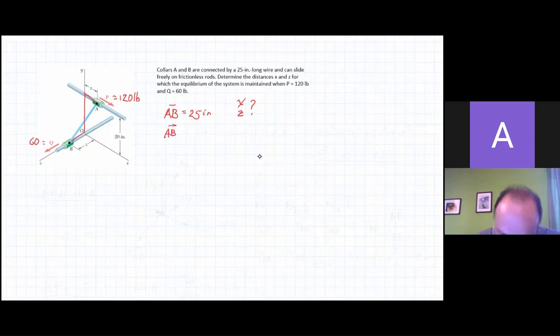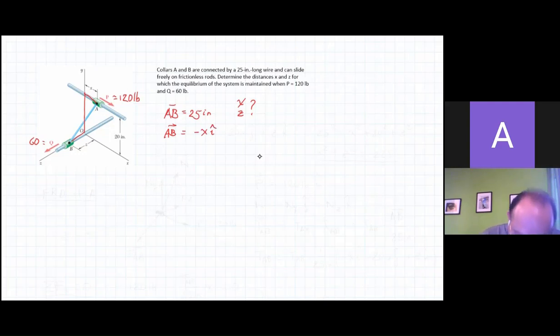AB will be equal to, in order to go from A to B, we need to move x in the negative i direction. We have to go backwards in the sense of the x-axis, minus x i.